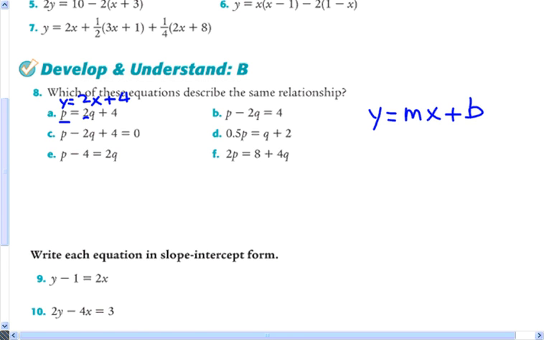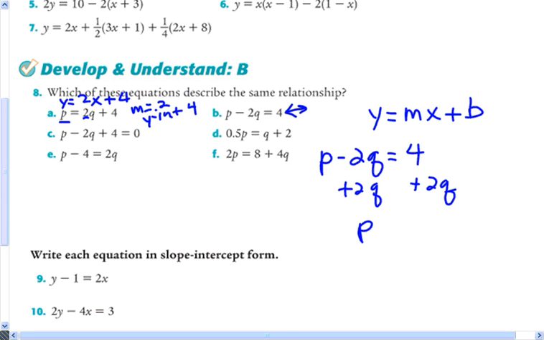So the slope is 2, and the y-intercept is 4 there. So like if we were to change this equation, p minus 2q equals 4, solve it for p like the first one was. To do that, we just need to add 2q to both sides. And we get p equals 2q plus 4. And we can see that it is exactly the same as A. So those two, A and B, are the same relationship. So that's the idea there.